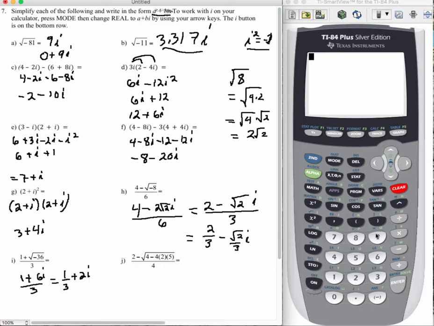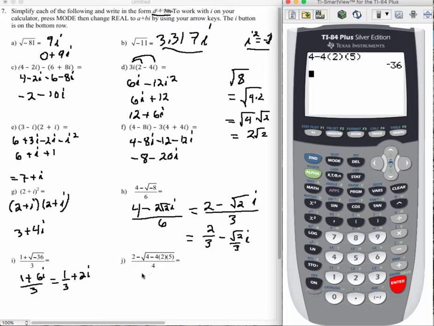Okay, so let's go get our calculator to help us out with the last one here. We're going to do the stuff under the radical there first. So that's going to be 4 subtract 4 times 2 times 5. And I'm just putting in the stuff that's the guts under the square root to see what that simplifies to, and that simplifies to -36. So this is equal to 2 minus the square root of -36 over 4.